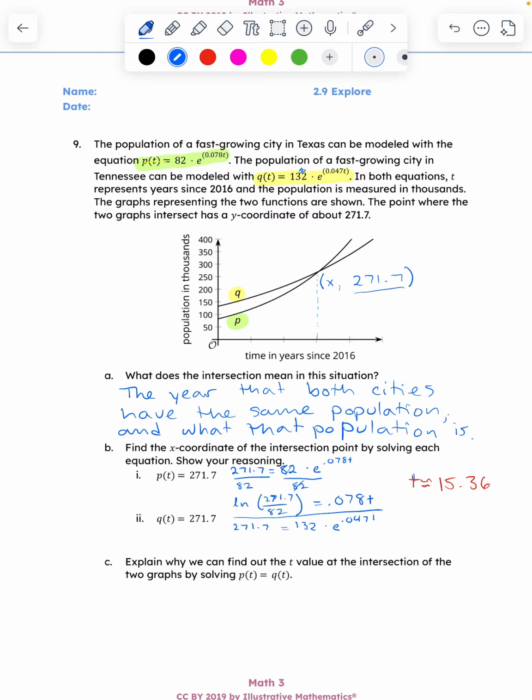Same steps, divide by 132. And then I'm going to note that the ln of 271.7 over 132 is equal to 0.047t. I'm going to go back to my handy calculator.